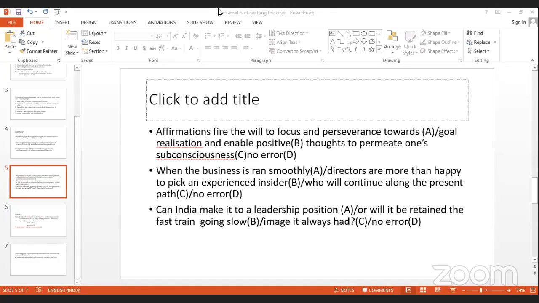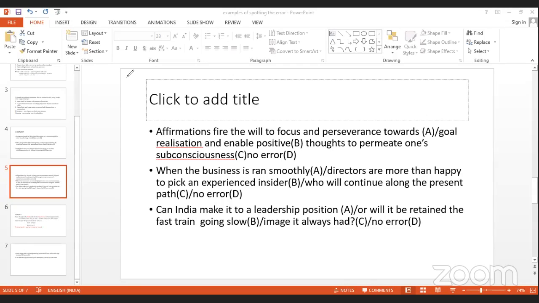Okay, then it's for NDA and SPI. I didn't know it's for SPI, but yeah, okay. Okay, they are joining.